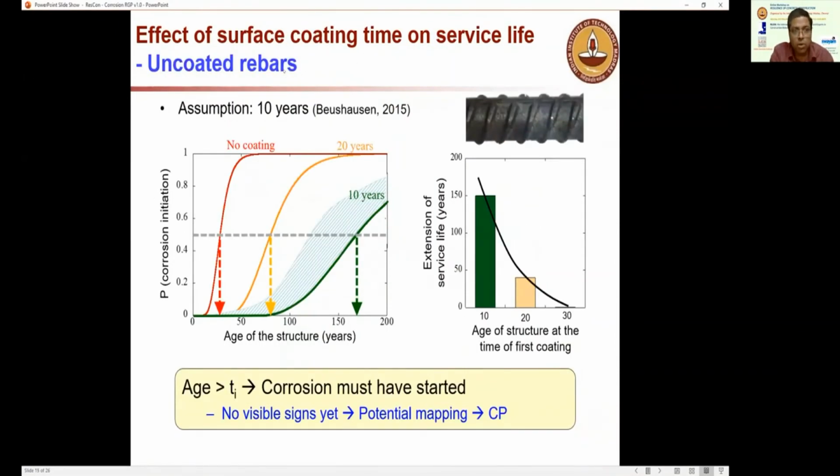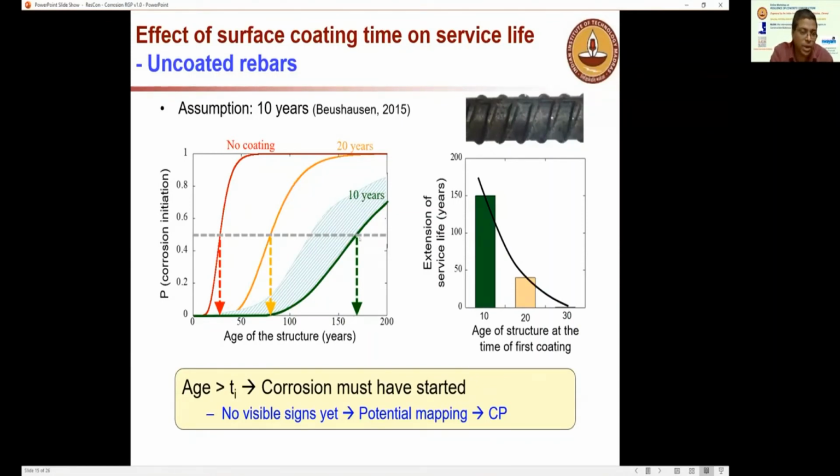Now I'm going to show the effect of surface coating. Here you have the uncoated rebar, and the green line indicates what happens if a coating is applied at about 10 years. If you apply the first coating at 10 years, you can significantly enhance the life from about 25 years to 150 plus.